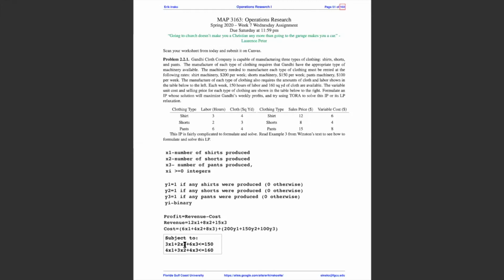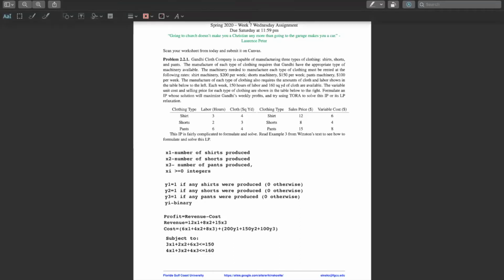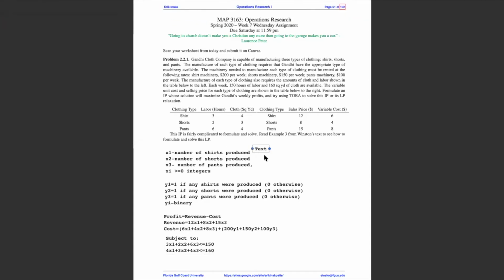How much is the amount of shirts that I can produce to justify paying $200 just to produce shirts? So how we will do that is by finding the maximum number of shirts that we can produce, the maximum number of shorts, and also the maximum number of pants that can be produced.